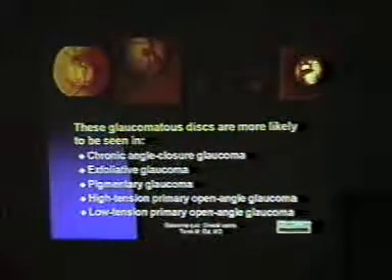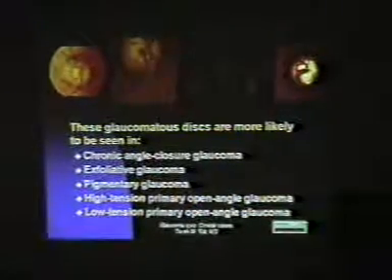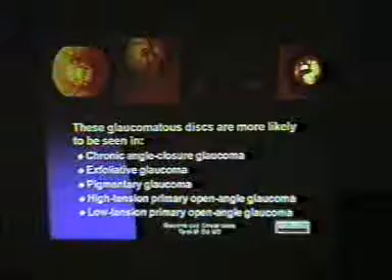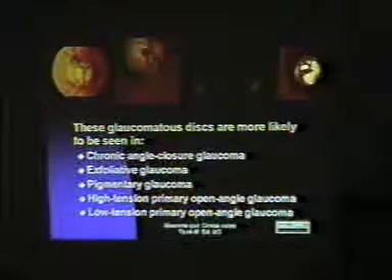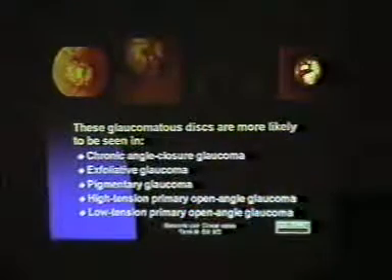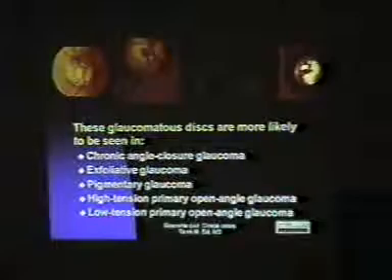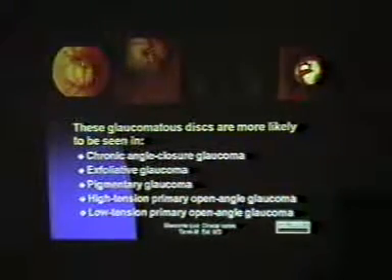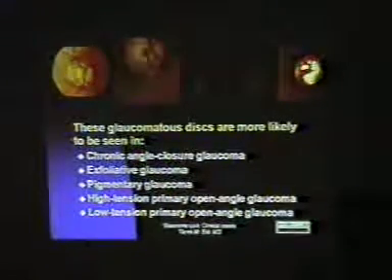But is it more likely to be seen in chronic angle closure glaucoma? Just focus on the question. You can have these discs in chronic angle closure glaucoma. Yes, true. You can have it in exfoliative glaucoma. Yes, true. You can have it in pigmentary glaucoma.